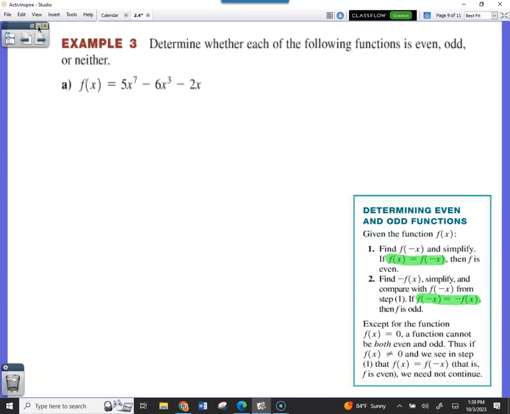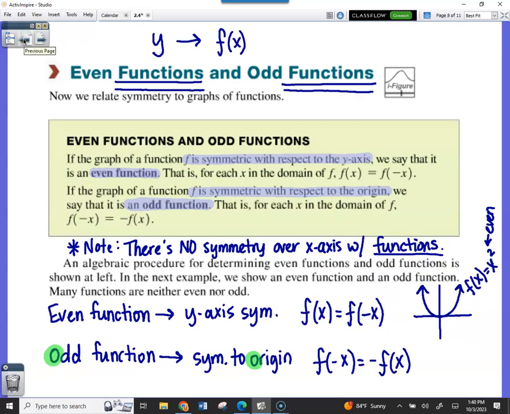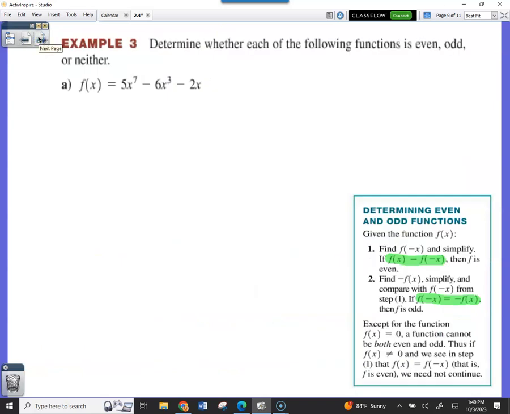Remember on the other slides when we said we're testing x-axis, y-axis, and origin? Remember on the last slide when we said we no longer have three things to test, now we have two. We're testing if it's even or if it's odd. So let's organize our thoughts. First we're going to check if it's even. Then we're going to check if it's odd.